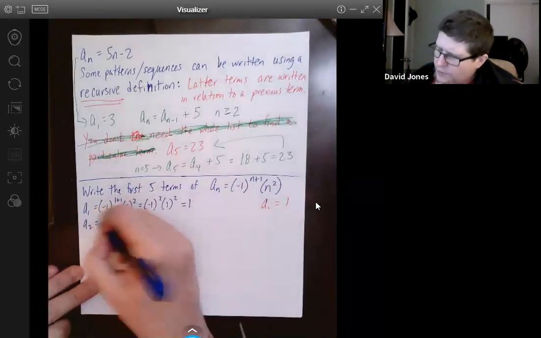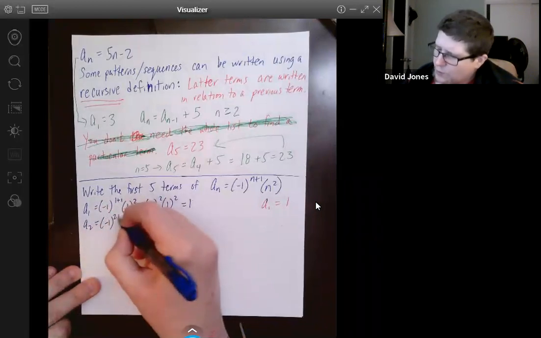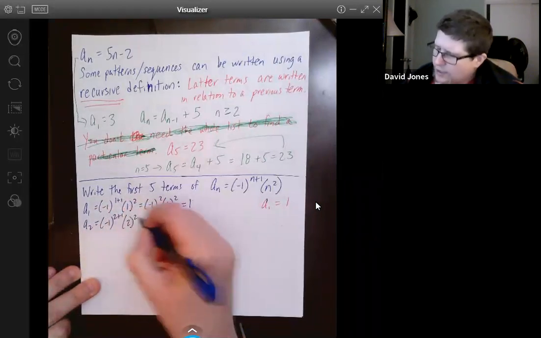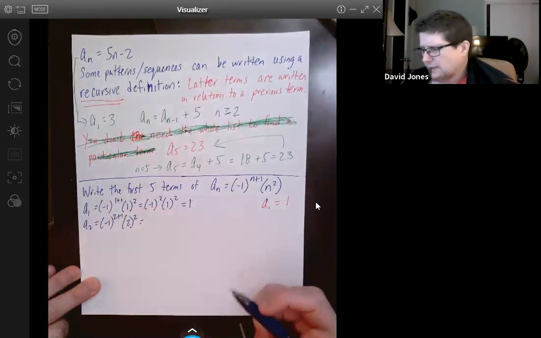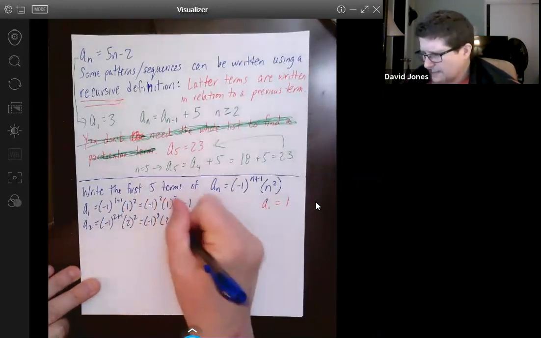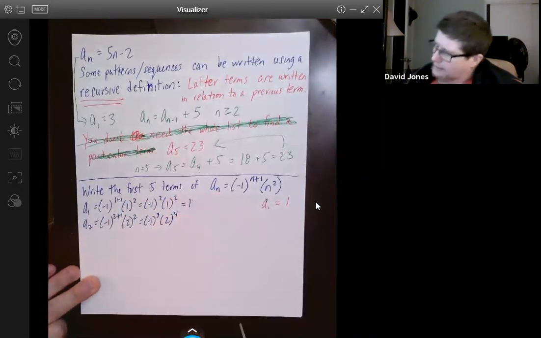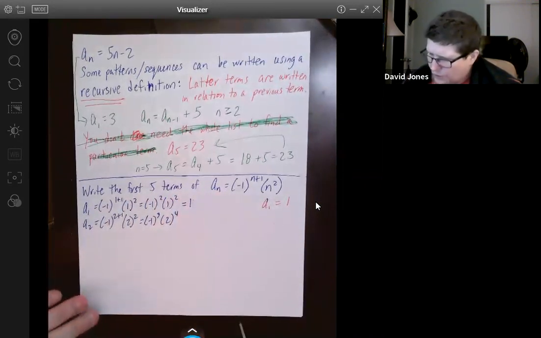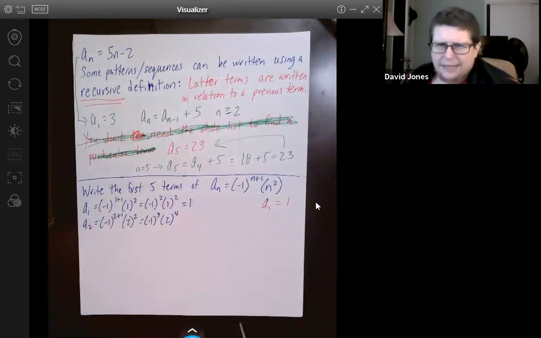A sub 2, -1 to the 2 plus 1 times 2 squared is -1 to the 3rd power times 2 squared. And when we're raising -1 to a power, it's just giving us a number of negative signs.